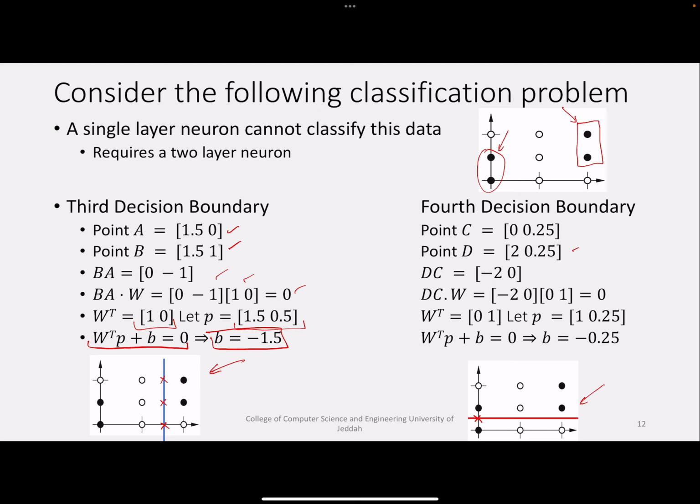The second point D is 2.25, that's this one. Weight vector, orthogonal weight vector 0, 1. We got that right over here. Pick a point, any point on the decision boundary. In this case, we pick 1, 0.25, which is over here. Use the same equation. Knowing W and P, we find the bias, which evaluates to -0.25.